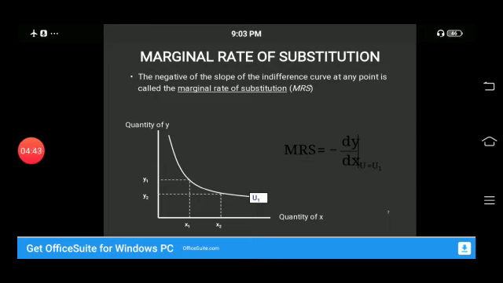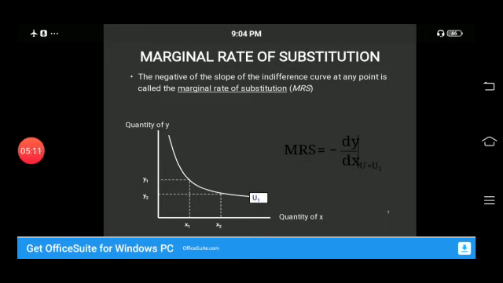It means how much we are sacrificing to get more of another commodity. So we can write it as marginal rate of substitution equals minus dy by dx, that is, we are taking the differential of y with respect to x.